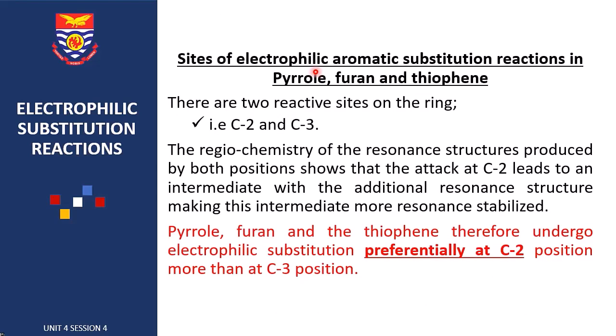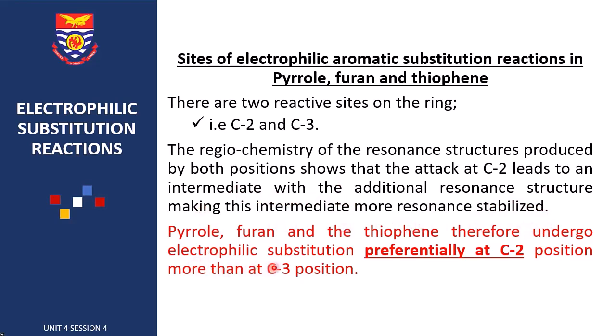So the next thing is to look at the reactive sites on these rings, right? If you look at the three heterocyclic aromatic groups, their reactivities towards an electrophile have two key sites: the carbon number 2 and carbon number 3 positions. The regiochemistry of the resonance structures produced by both positions shows that attack at carbon number 2 leads to an intermediate with an additional resonance structure, making this intermediate more resonance stabilized.